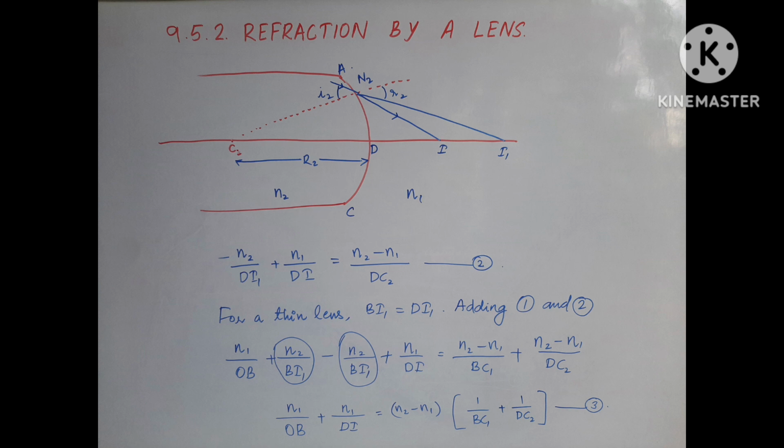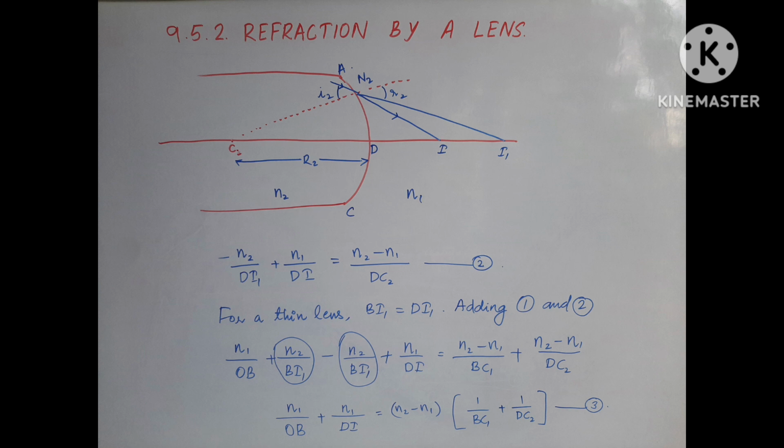When we use 9.15, we can use the same equation here. Here we write minus n2 by DI1. It is negative because the ray is traveling from the right-hand side to the left-hand side, from I1 to the refracting surface, so it is against the direction of the incident light. So we should take it as negative.